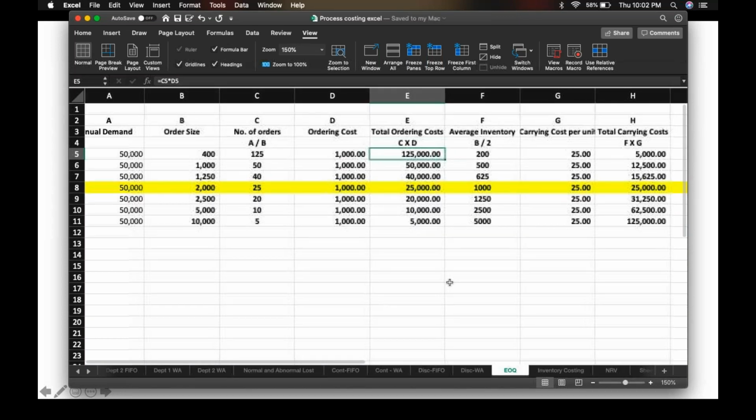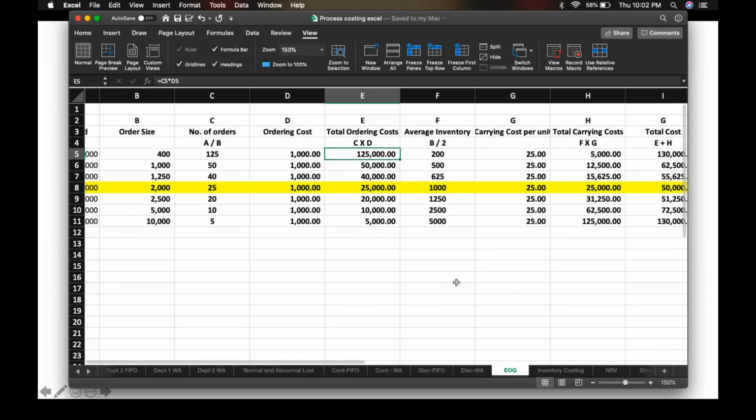Okay. Now for the carrying cost, our formula is average inventory times the carrying cost. So if our order size is 400, you simply divide it by 2, that's 200. So on average, we are carrying 200 units in a year.